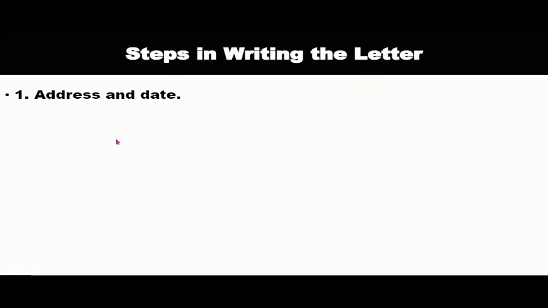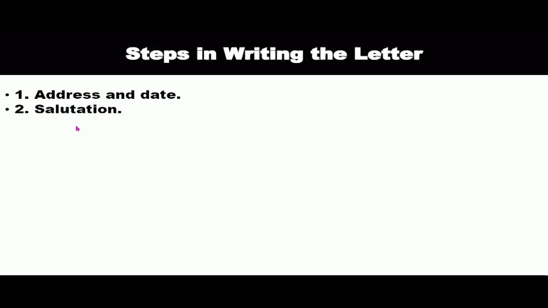And so I'm going to show you this in the sample, but let's just go through the steps theoretically. Then I will show you the sample and show you how these steps are taken. So the first step is to write the address and date.